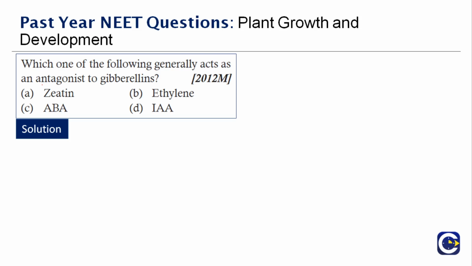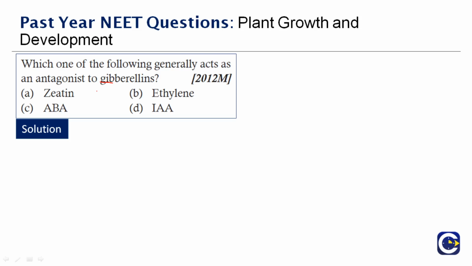A person who actively opposes any action, or is hostile to someone or something, is called an antagonist. A substance which interferes with or inhibits the physiological action of another. So the action of gibberellin is being opposed by one of these. Which one is opposing that? The correct answer is option C, abscisic acid.